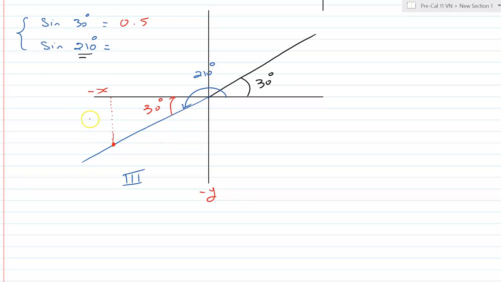You have a negative y here, and this is your negative x. When you write the ratio with the hypotenuse, you're going to get a negative value because the opposite is negative y, so this would be negative y over the hypotenuse.